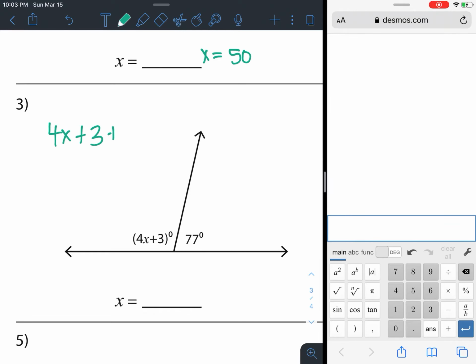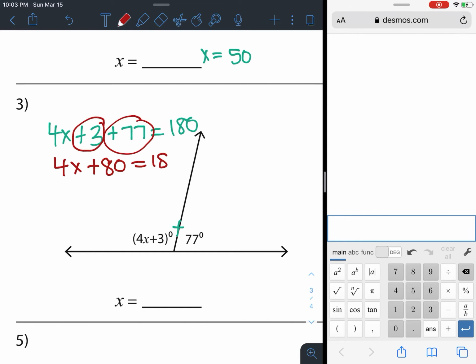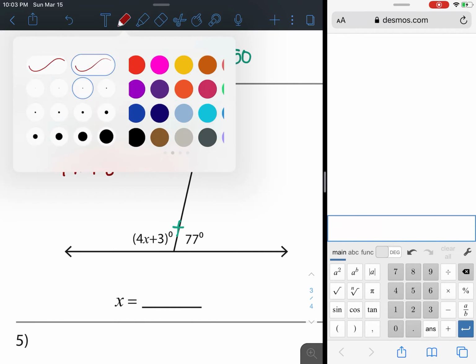4x plus 3 plus 77 equals 180. These two things added together form a straight line, so they equal 180 degrees. First step, positive 3 and positive 77 gives us positive 80. Bring down the 4x, bring down the equals 180.